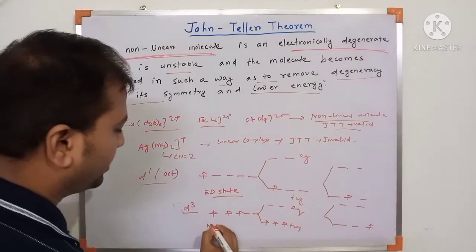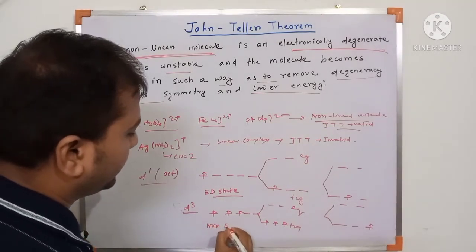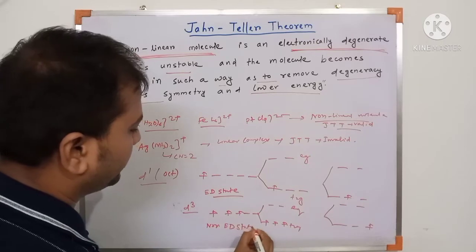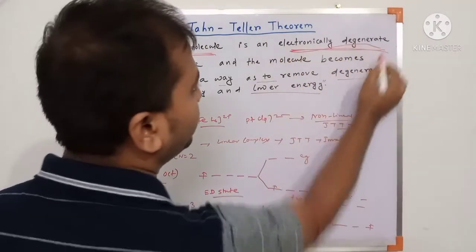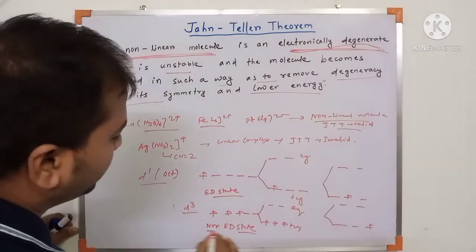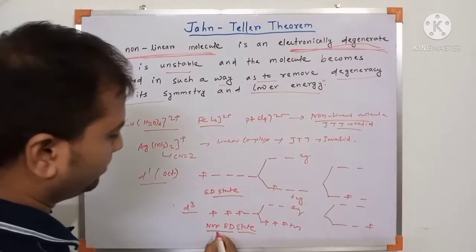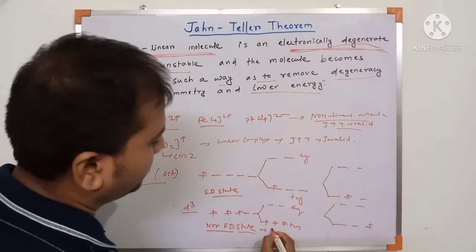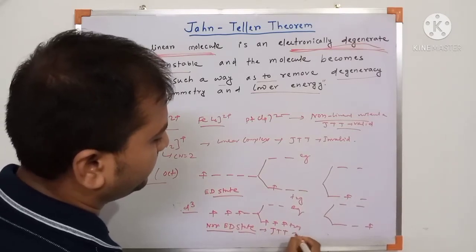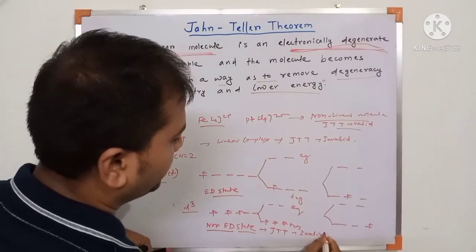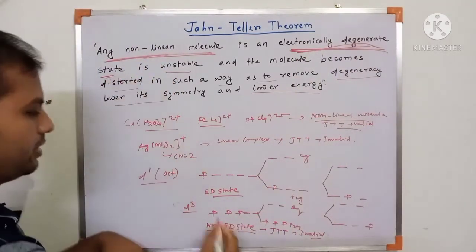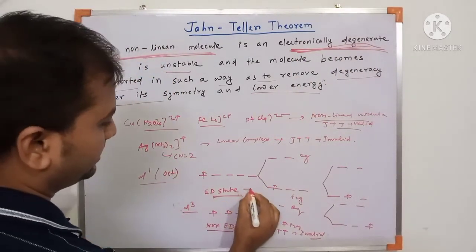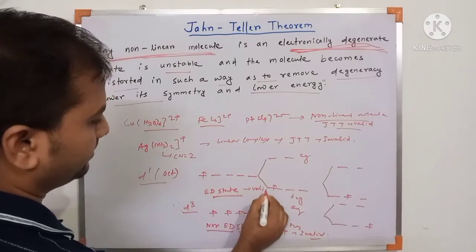So this is a non-ED state, non-electronically degenerate state. The Jahn-Teller theorem is valid for an electronically degenerate state, but not for a non-electronically degenerate state. So for a non-ED state, the Jahn-Teller theorem is invalid. Only for an ED state, an electronically degenerate state, the Jahn-Teller theorem is valid.